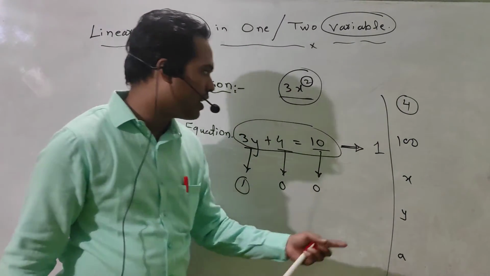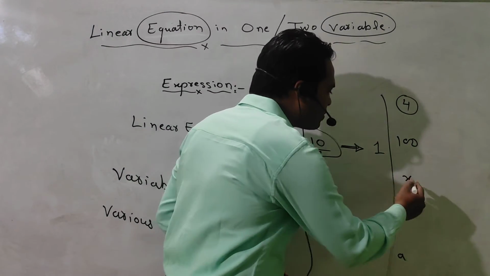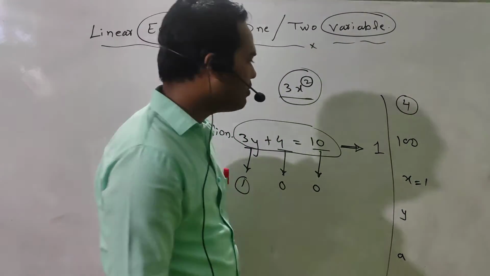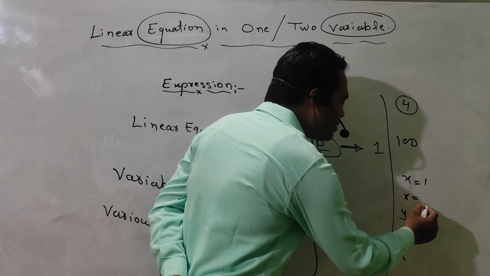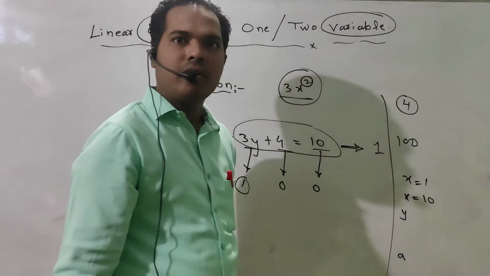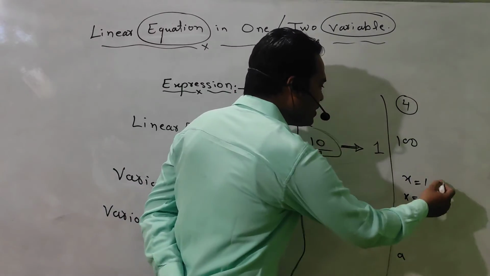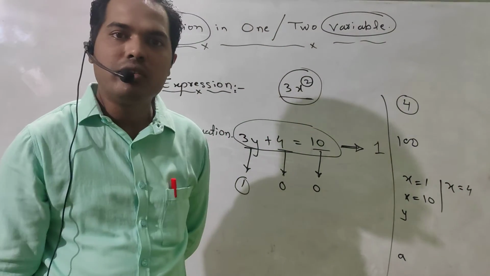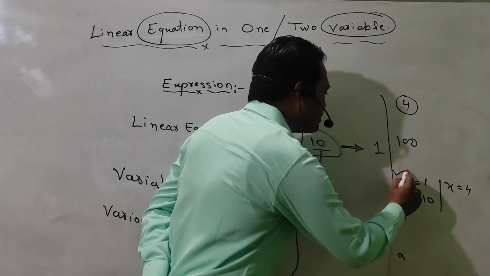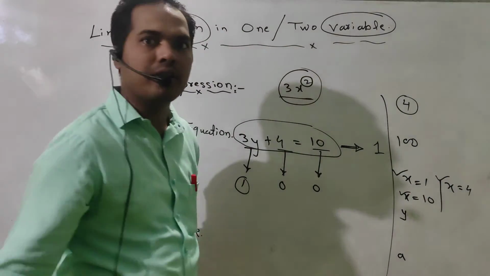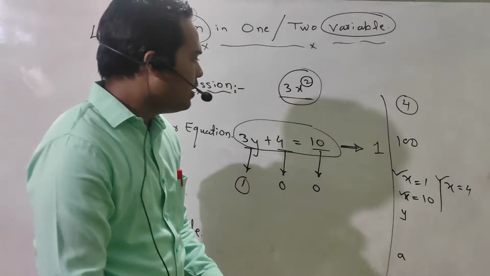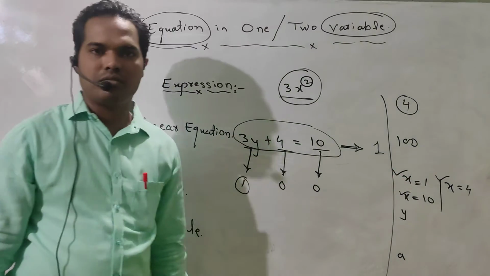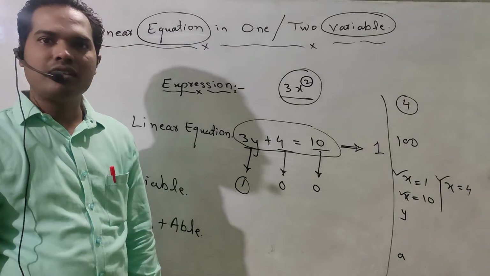Someone will say, sir, x is equal to 1. Another will say, no, x is equal to 10. Someone else will say, sir, x is 4. Then who is right? All of these 3 answers will be right, because x equal to 1 is the same as 1 equal to x, meaning x has the value 1.